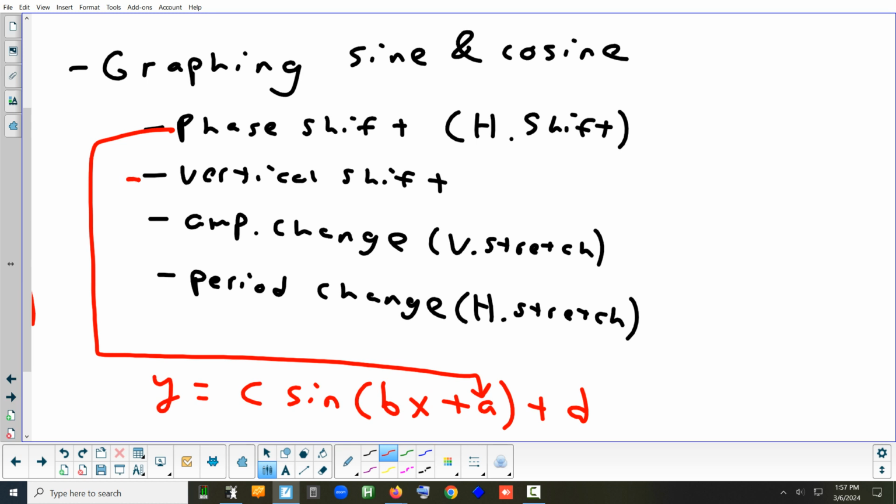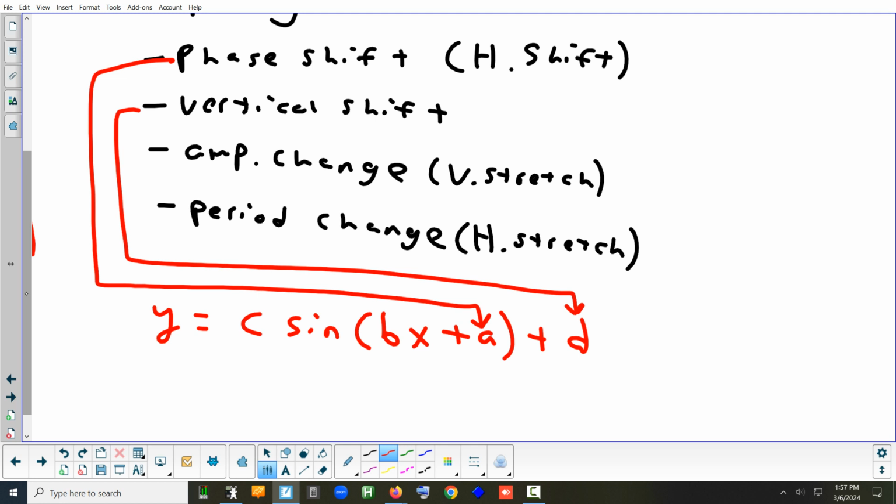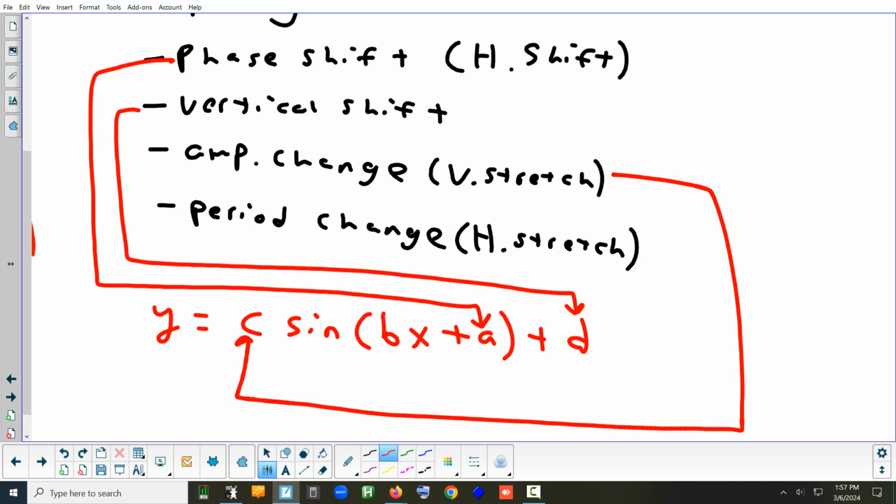That's D. How about the amplitude change? Which one is that? That's C. And what about the period change? B. So there's a diagram that shows you what each letter does in the equation. And it doesn't matter if it was sine or cosine.